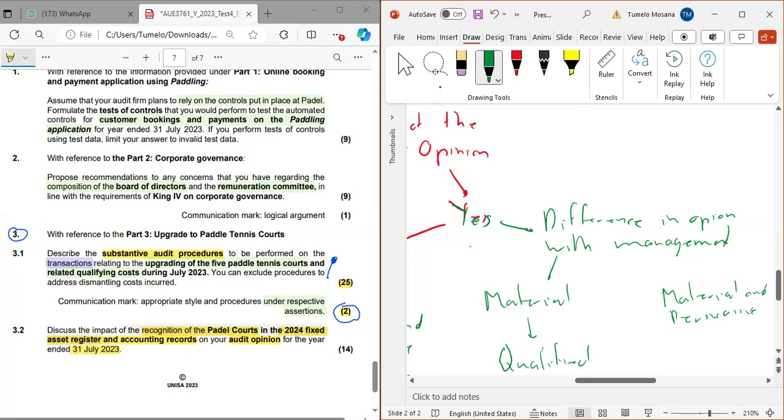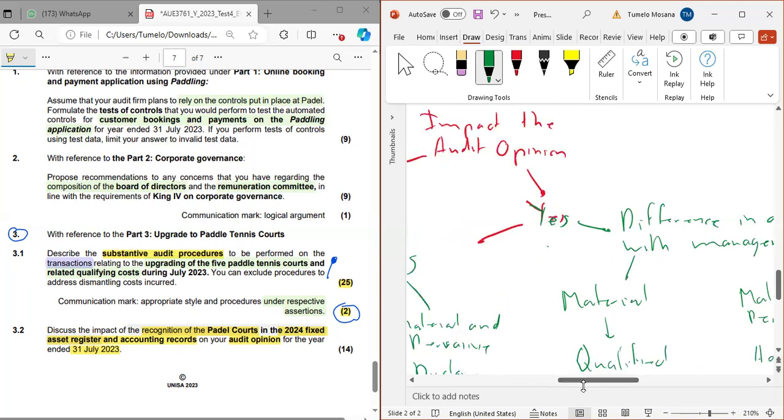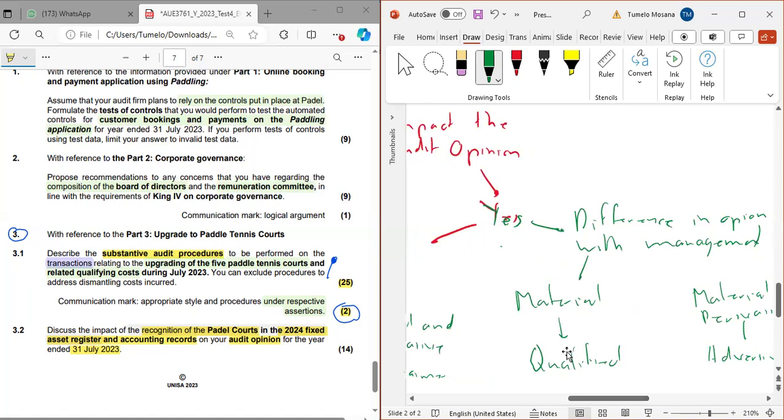But if it is material and pervasive, it would be an adverse opinion. So those are the only differences. But in most cases, you are going to deal with a qualified opinion. It is rare for you to deal with an adverse one or a disclaimer.